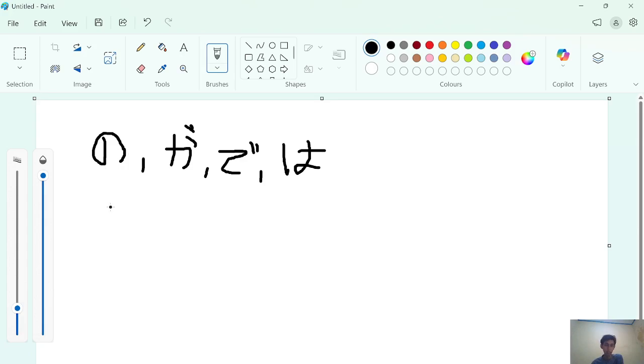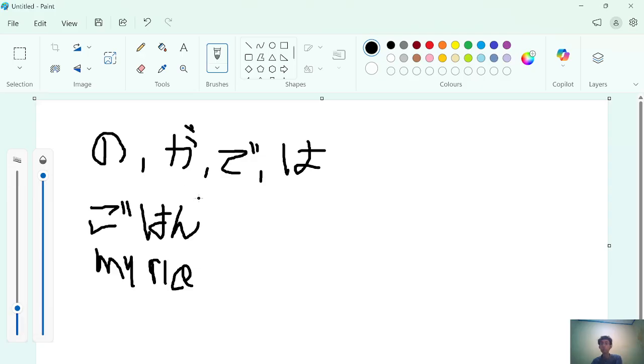For example, there is rice. The word for rice in Japanese is gohan. And I want to translate this into my rice.